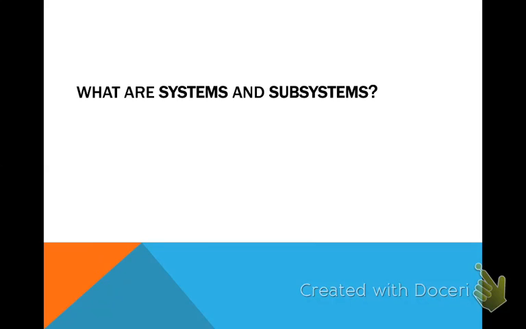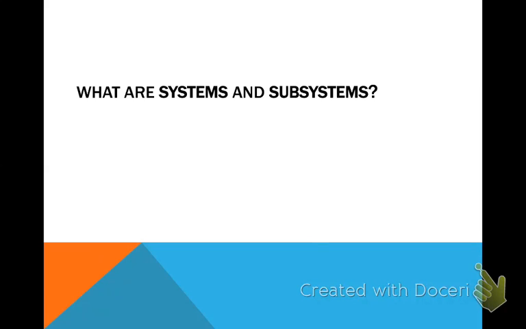Okay, let's think about systems and subsystems for a minute. If you think of a stereo system, it consists of the player, the speakers, the wires, the CD, etc. There's a lot of things working together to create that stereo system. So the subsystem is all the little parts that make up the big system.